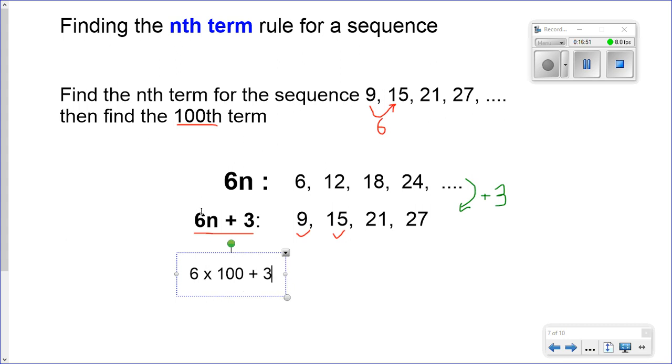So instead of 6 times n plus 3, we have 6 times 100 plus 3. 6 times 100 plus 3 is 603. What does that mean? That means that our sequence 9, 15, 21, 27, as it goes up in sixes, will keep on going up. Eventually, we'll get to the 100th number in the sequence, and the 100th number will be 603.